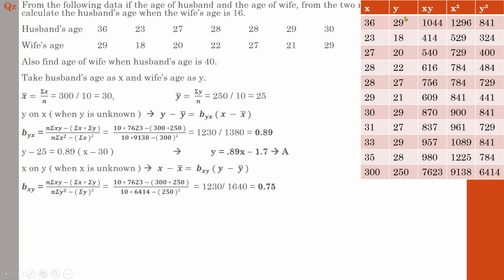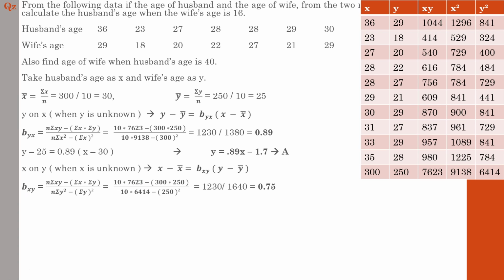N sigma y square is sigma y square, here this one, and sigma y the whole square is this one. Remember, sigma y the whole square means you need to take the total value, that is 250, and you need to take the square of that one, 250 square. So by using the basic mathematical steps, again you will get the value of bxy as 0.75.